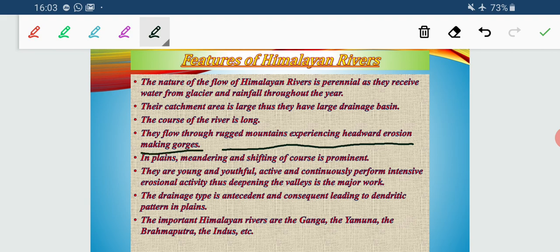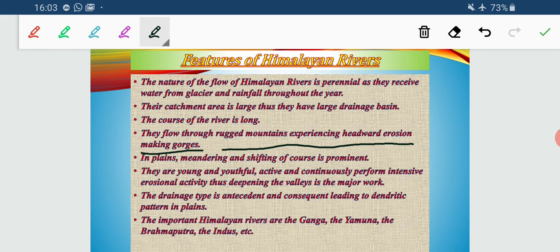Now gorges, it's clear: when streams originate from a mountain peak, due to higher gradient and high velocity of the water, the erosion is very fast. So due to this fast erosion, they make a deep crack or a channel over the higher peak areas or the higher gradients.